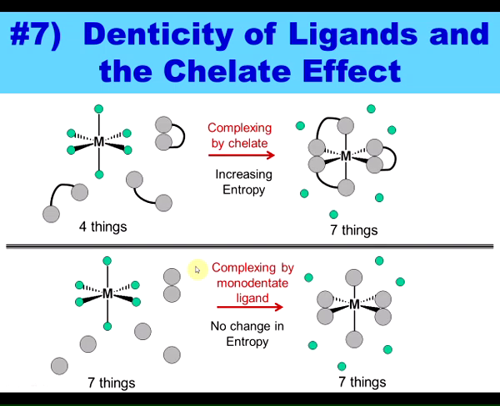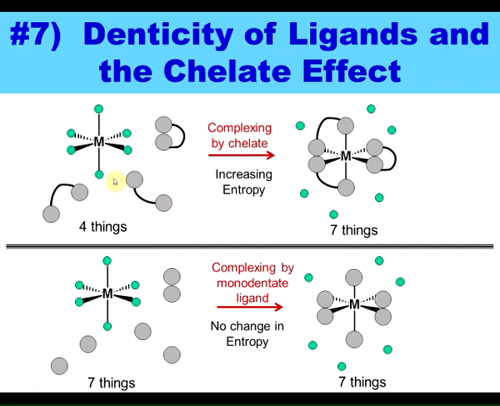So let's explain the entropy effect of that. At the top here, we're looking at a metal complex with 6 monodentate ligands, and we want to add 3 bidentate ligands. So we're going to replace all of these little green spheres with these gray spheres. Now when this bidentate ligand complexes the metal, we're going to increase the entropy.